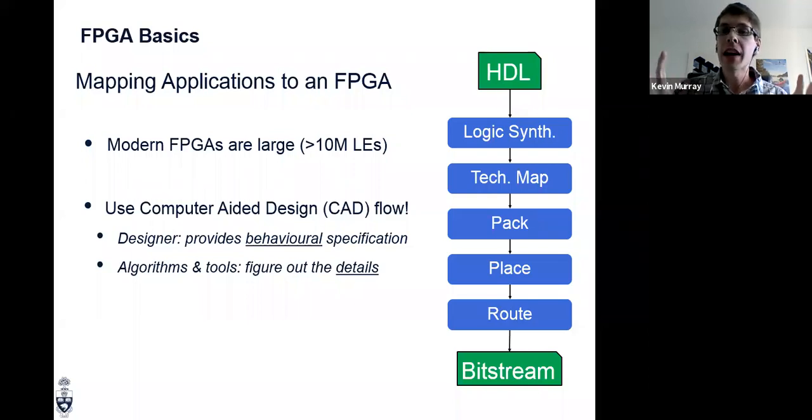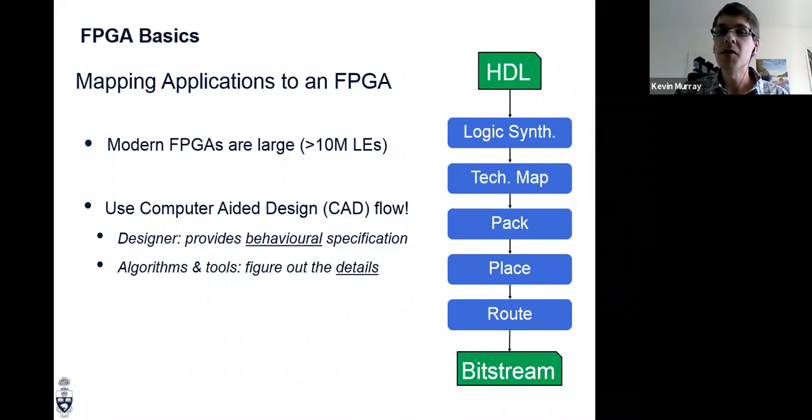If we want to actually take an application, so say that you're doing some genome sequencing or a machine learning inference accelerator, how do you actually program the FPGA to implement that circuit? The way we do this is with an automated CAD flow. Modern FPGAs are extremely large. I think the largest Stratix device is on the order of 10 million logic elements.